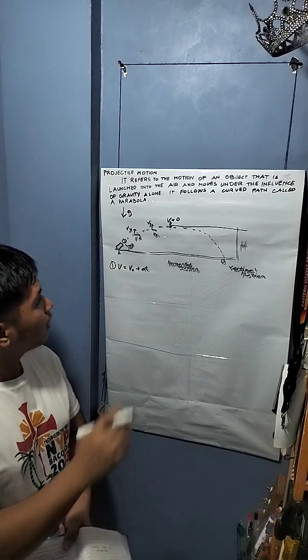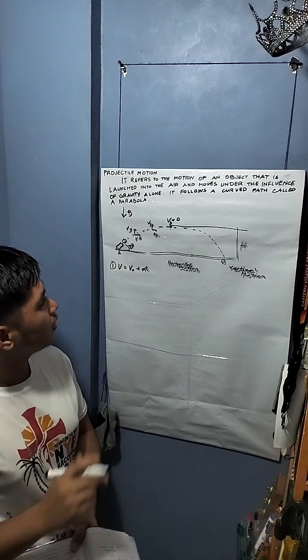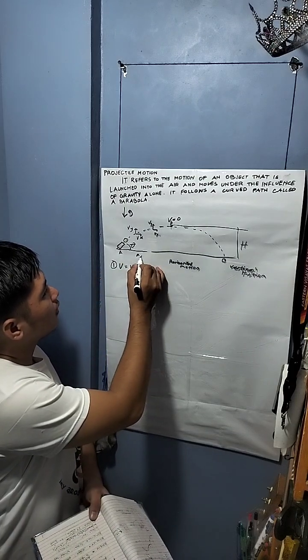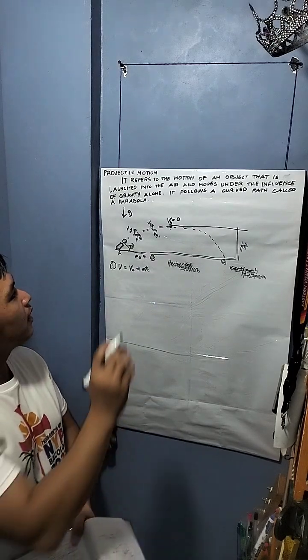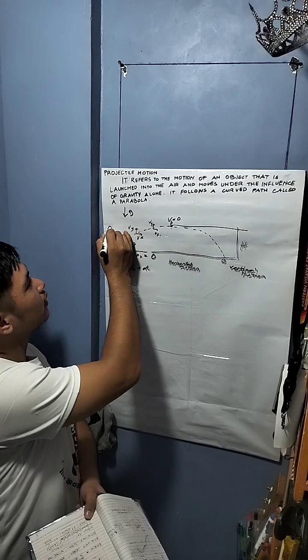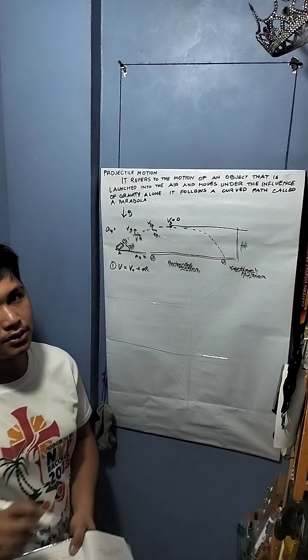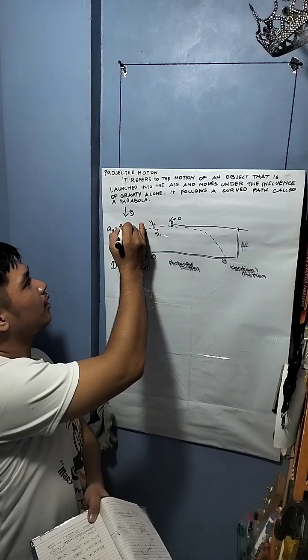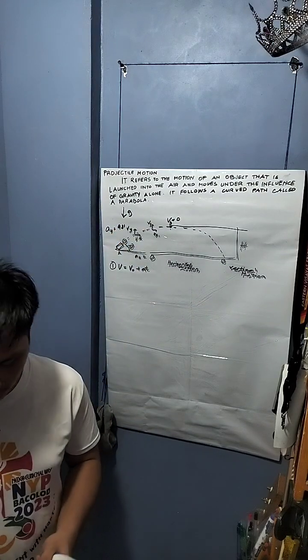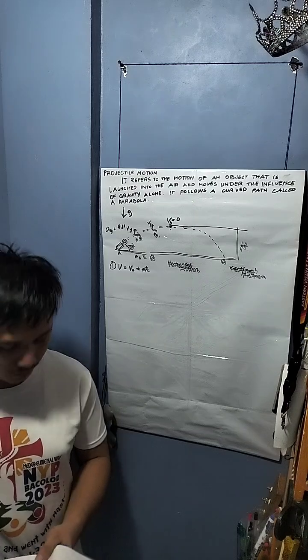We know that the acceleration along x is equal to 0 and the acceleration along y is equal to 9.81, or the acceleration due to gravity.